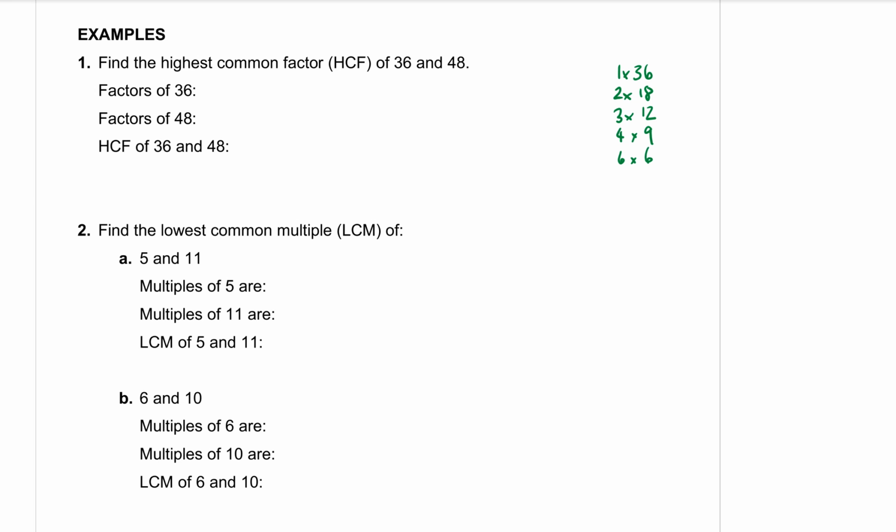As we write these times tables down, the first column there, we're checking each number going up by 1 as we go up. So they're increasing as we go down that column. On the other side, these ones are increasing as we go up. Once these two numbers down the bottom here get to about the same level, so they're both 6s, we're at the same number, there's not going to be any more to find.